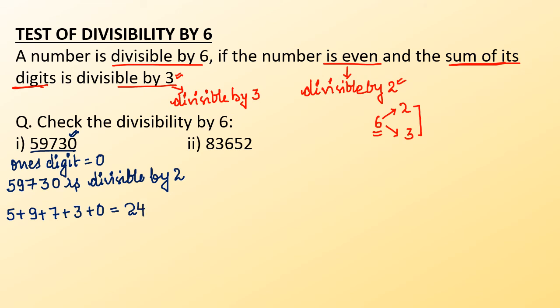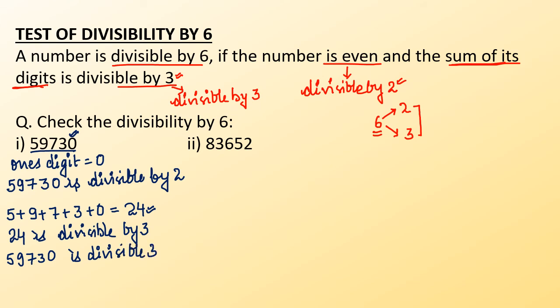Now you know that 24 is divisible by 3, which means that 59,730 is divisible by 3. Now this number is divisible by 2 as well as by 3, which means that 59,730 is divisible by 6 also.